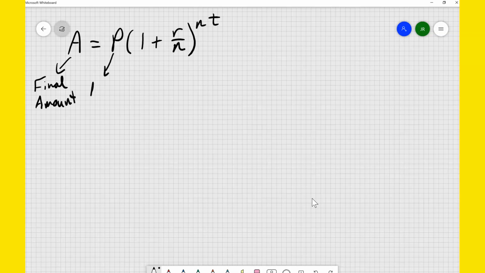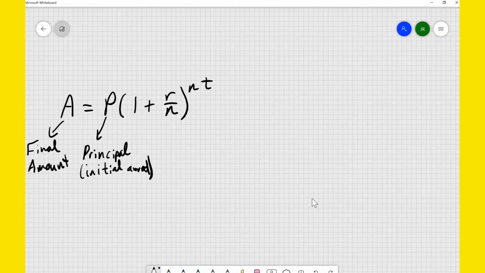P is the principal. So principal means the initial amount. All right, the next thing, that's just the number 1. The R is the interest rate as a decimal.